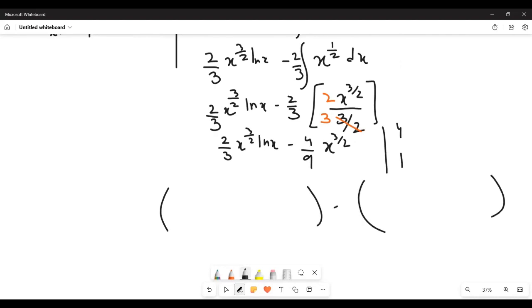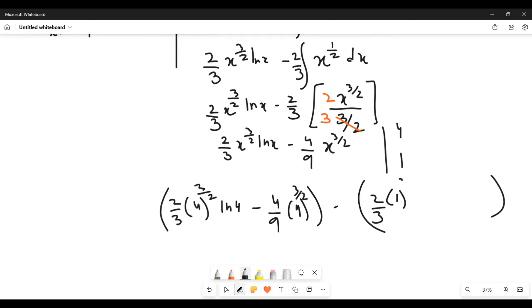So 2/3 times 4 power 3 upon 2 ln 4 minus 4 upon 9 times 4 power 3 upon 2. And then substitute 1. When we substitute 1, ln 1 becomes 0, so the first term becomes 0, and we have minus 4 by 9 times 1 power 3 upon 2.